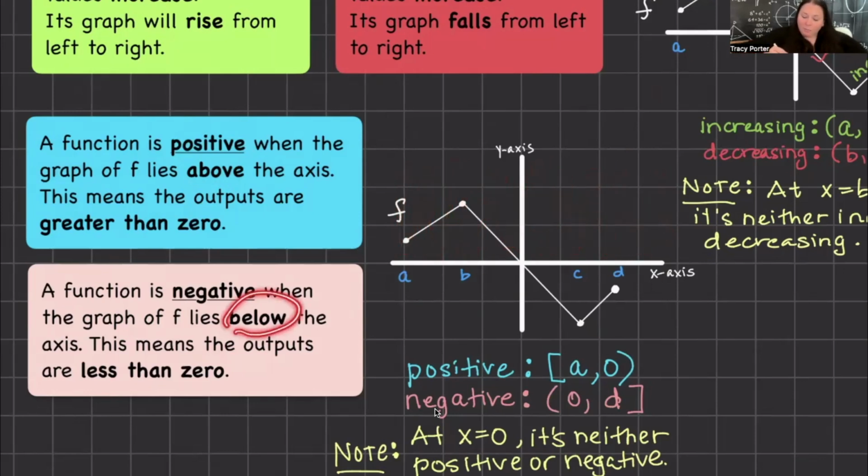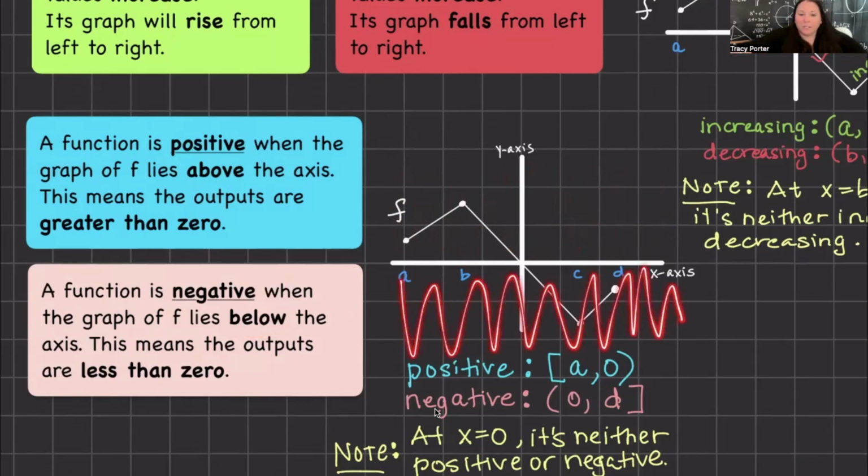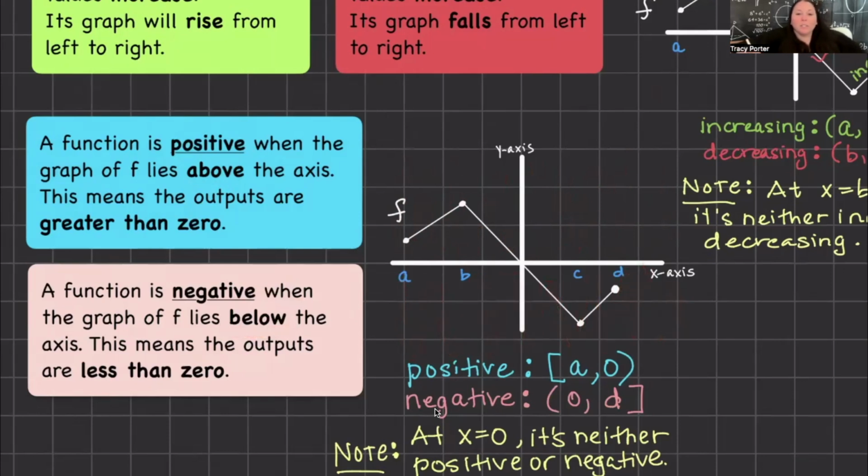Negative is below the x-axis, so that would be anything in this region. So we really just need to compare it to the x-axis, but you can also compare it to the function value itself because the outputs, which we know is y or the function value, they should be also greater than 0, which means positive.